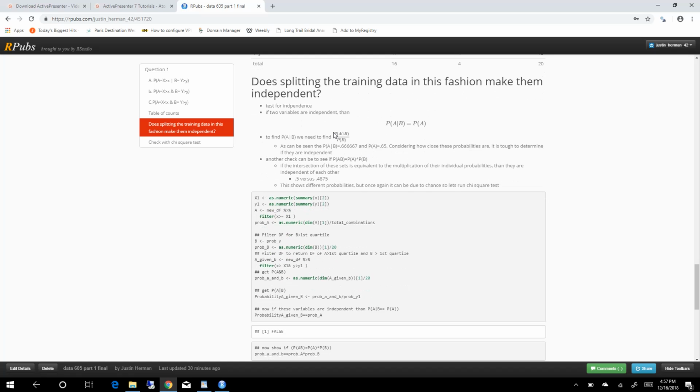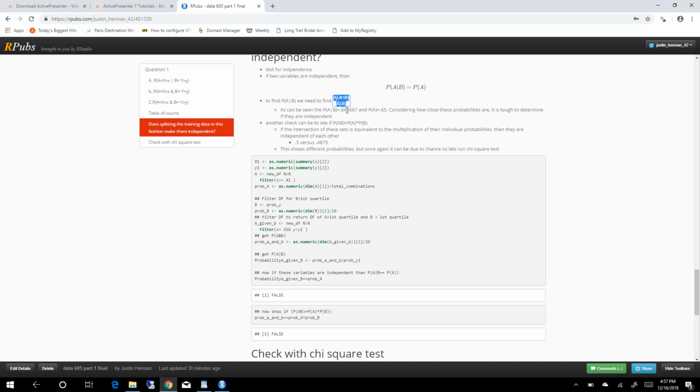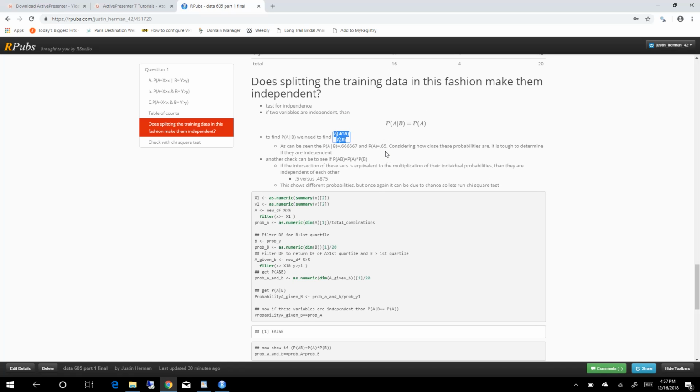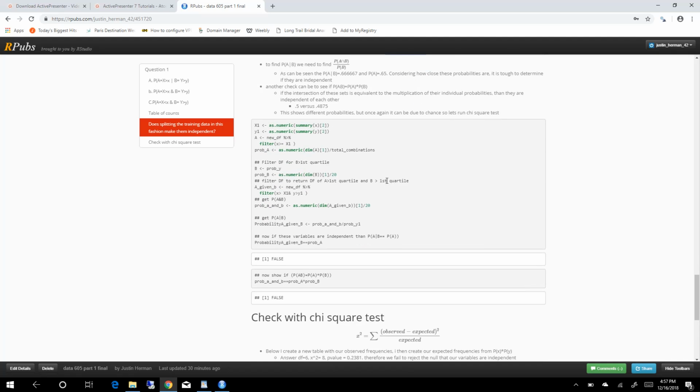Once again, we have the probability of A intersect B divided by B. We found that this was equal to 0.667, and we found that the probability of A was equal to 0.65. So if we were to use this, strictly speaking, we would say that this condition is not met, therefore these variables are dependent upon each other.